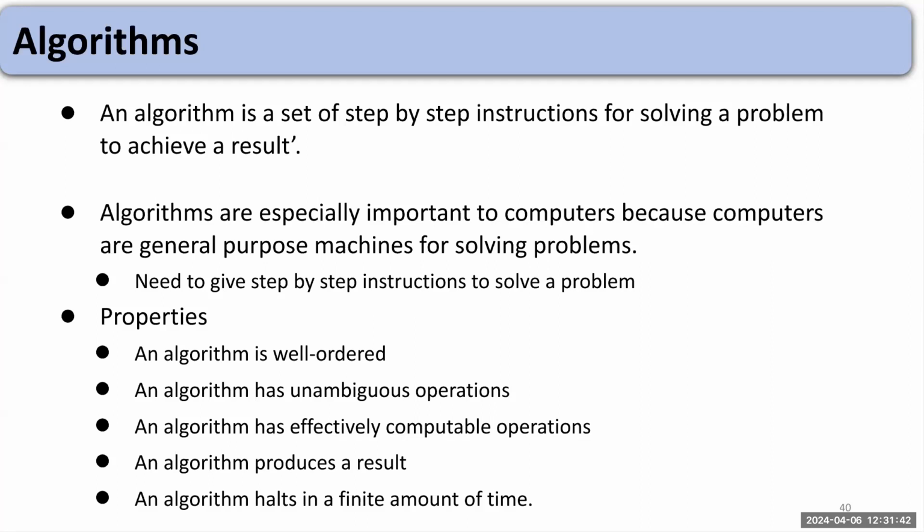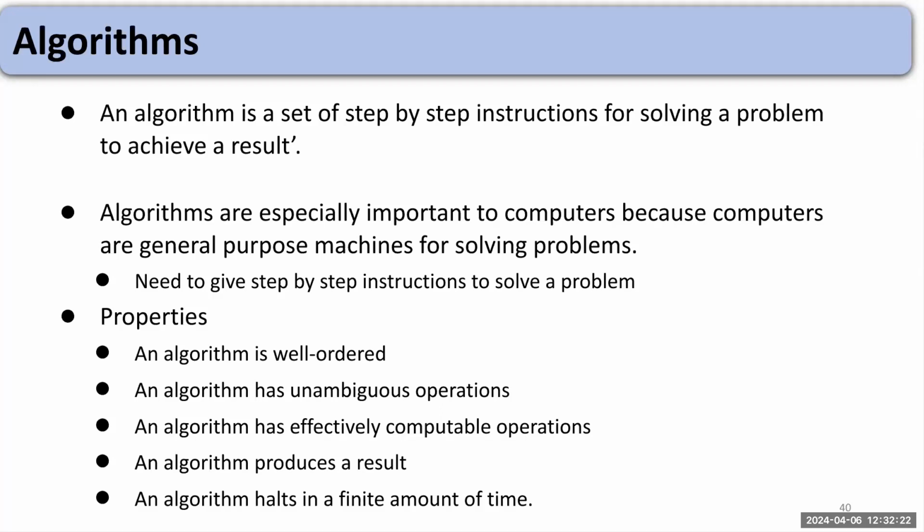Unambiguous means it should be defined clearly. We cannot just say we will go; we have to write in the algorithm where we will go, and that should be clearly defined. An algorithm should be effectively computable, and all steps should be computable, because otherwise we cannot include them in a computer program.